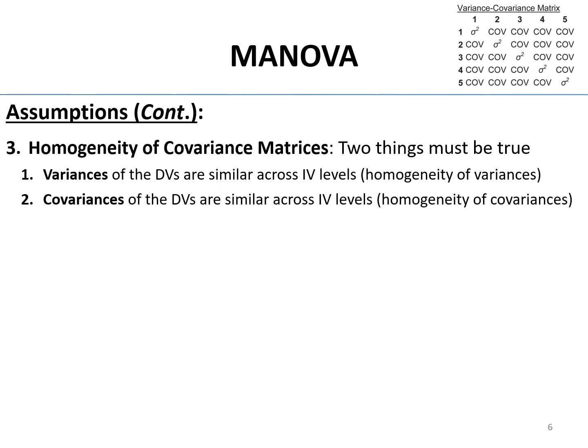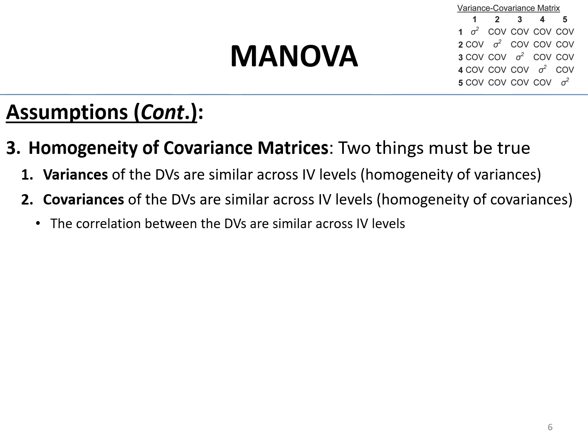So together, these two are the homogeneity of covariance matrices, because they're actually all part of one matrix in matrix algebra. For those who really want to nerd out, that's an example shown in the upper right hand of the screen. So one way of thinking about this, for those who aren't math geeks like myself, is that the correlation between the DVs is similar across the IV level.